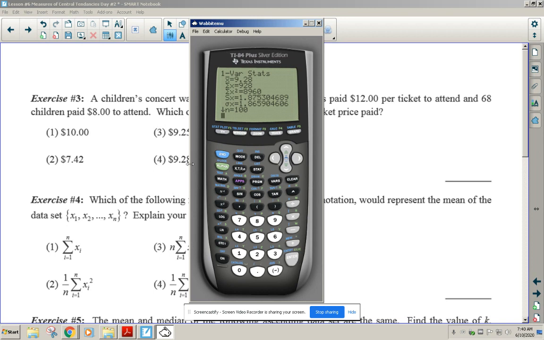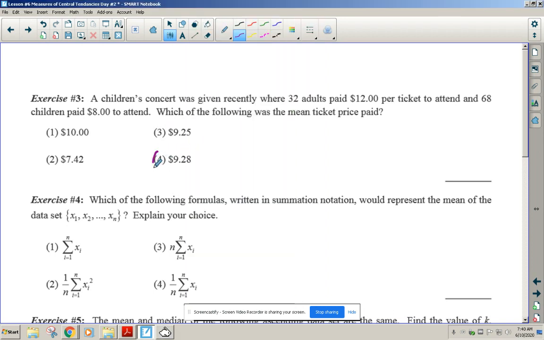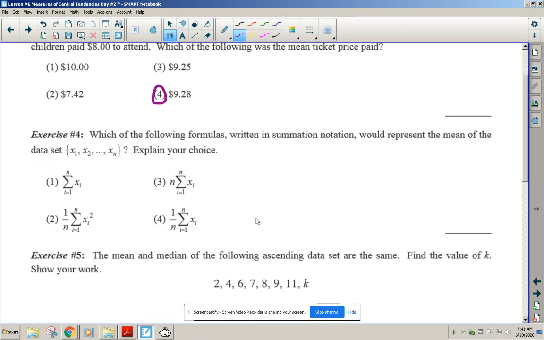So that would be very helpful to do on the calculator. You could have done it by hand. You could have had your 32 times 12 and 68 times 8, and then you could have divided by 100. Which of the following is the formula for the mean? Well, the mean, you need to add up all the pieces and then divide by the number. So it would absolutely be number 4.